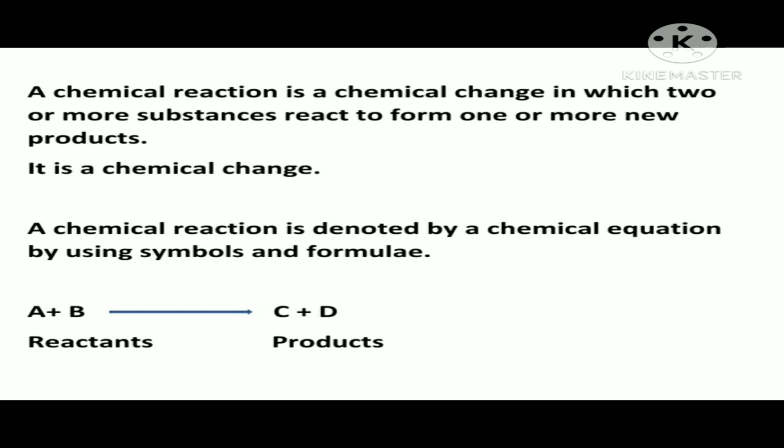We have already discussed how to represent elements using symbols and how to write chemical formulas. See the equation I have given on the screen. A plus B gives C plus D. This denotes a chemical reaction where A plus B are the reactants and C plus D are the products.